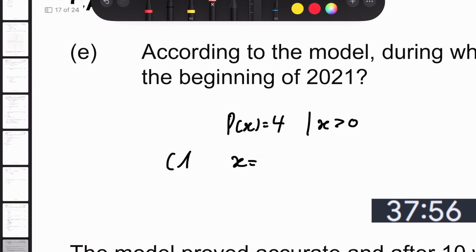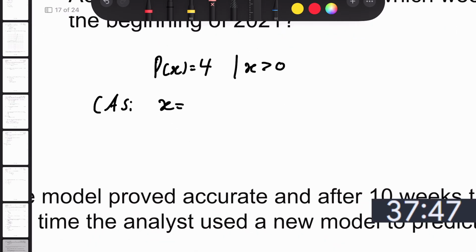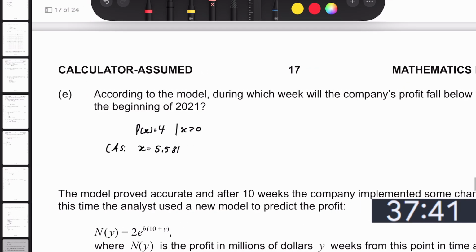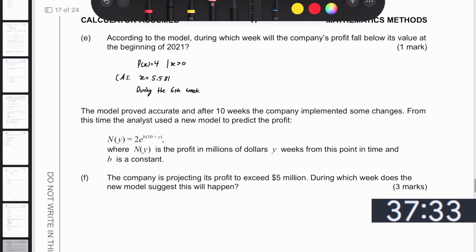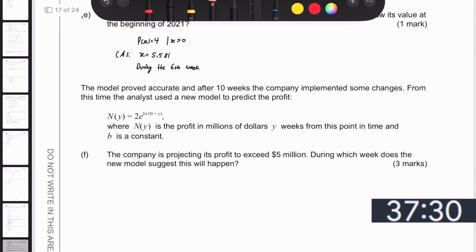So do CAS, solve P of x equal 4. I'm just going to ignore the 0. So 5.581. So then during that 6th week. Okay, the model proved accurate.